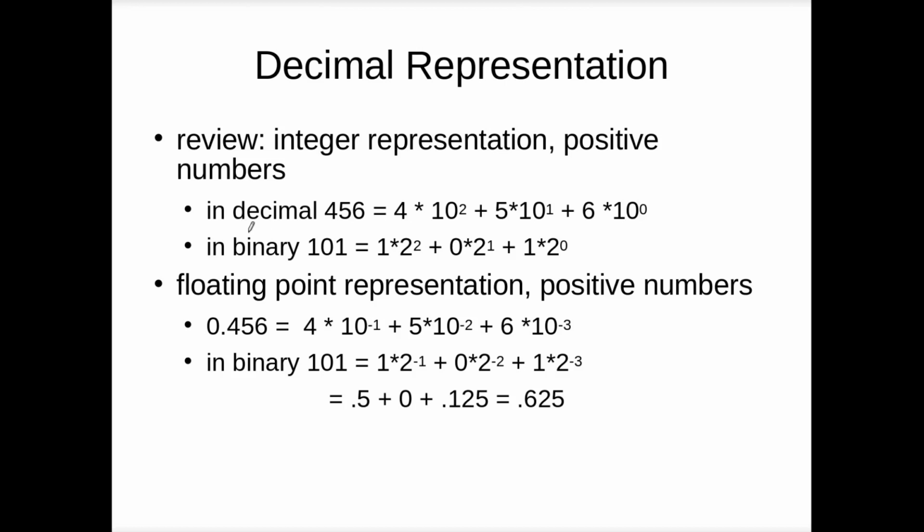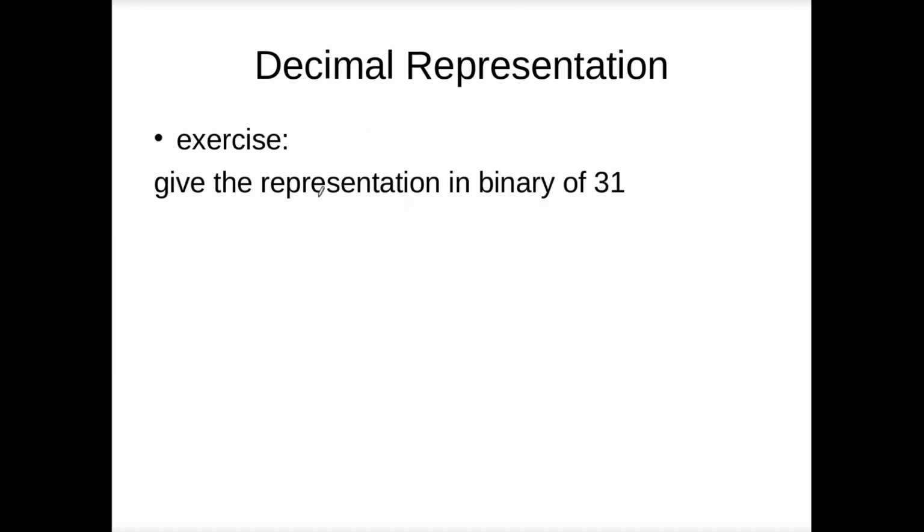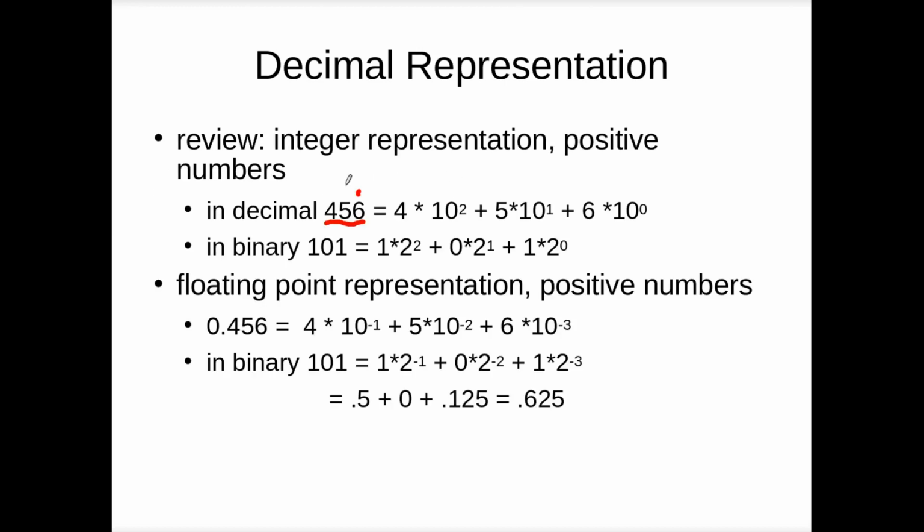Say we want to factor a number, say the number 456. We break down that number by the place. Remember we have the 0th position, 1st position, 2nd position, which lines up to the exponents.